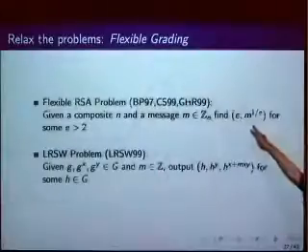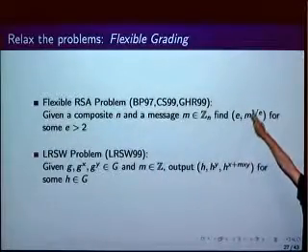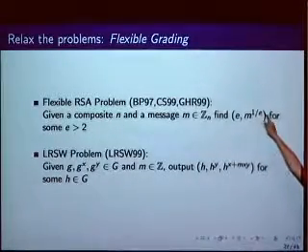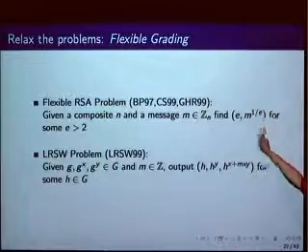By flexible grading, for example, the flexible RSA problem: given a composite N and message M, in the classical problem the solution should be M to the 1/3, right? But here it's okay for any E. That is the flexible or strong RSA problem. And we have a variant of DLP with flexible grading, for example the LRSW problem.